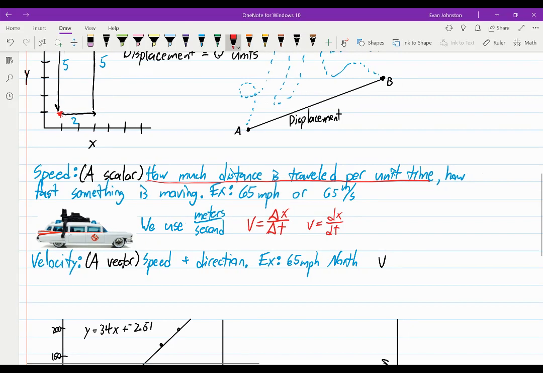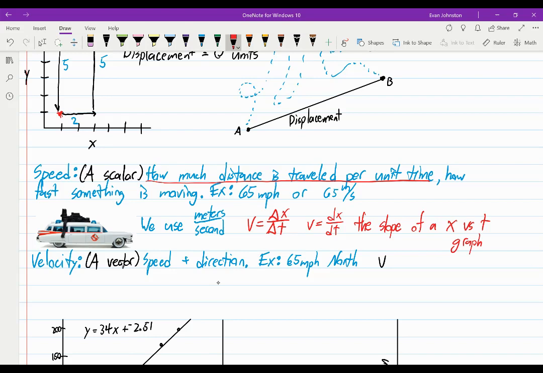So here's the important part, though, for everyone. Really, this means it's the slope of a position versus time graph. So that's actually really important.